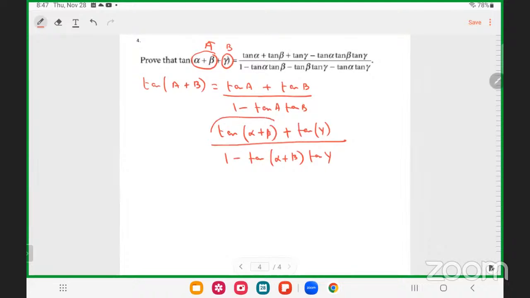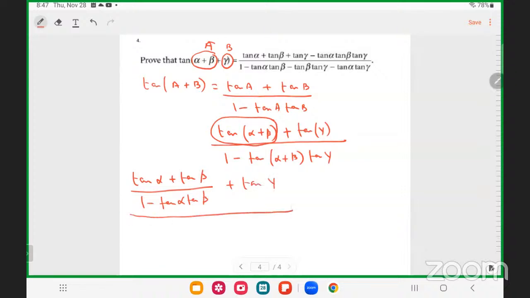Now I would apply the compound angle identity here again, and this will become tan alpha plus tan beta over 1 minus tan alpha tan beta, plus tan y over 1 minus tan y, and this tan alpha plus tan beta will be tan alpha plus tan beta over 1 minus tan alpha tan beta.